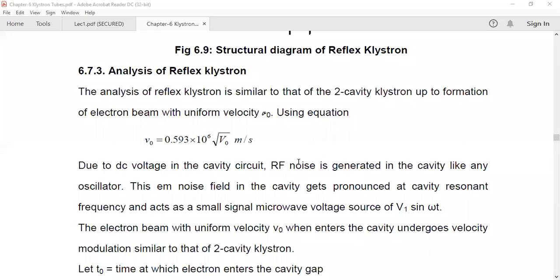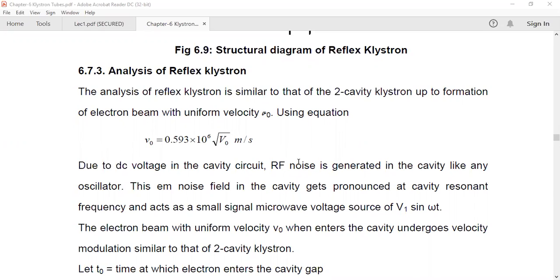reflex klystron is 22.8%. So the first step is to calculate the velocity of the electron after leaving the buncher cavity, that is V of T1. Later we see the output current in both cases. If you know the output current, you know the output power.